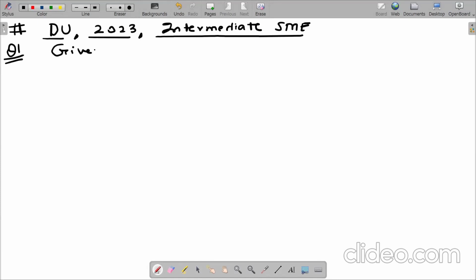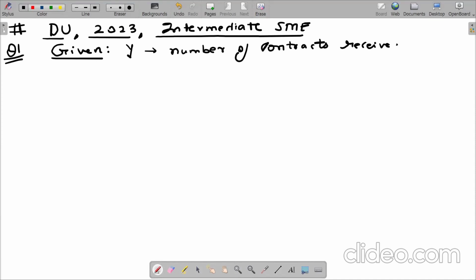We are given the probability mass function of Y. Y is the random variable. Y denotes the number of contracts received by a randomly selected infrastructural company.